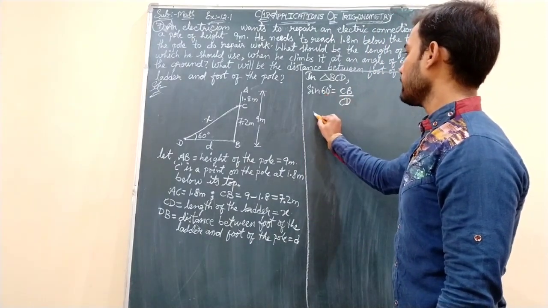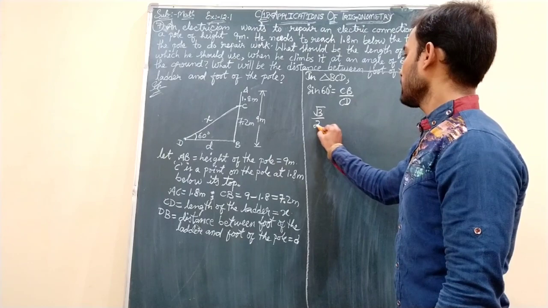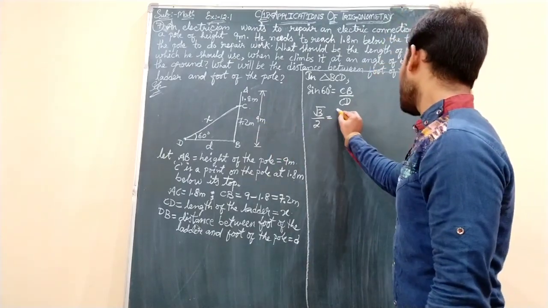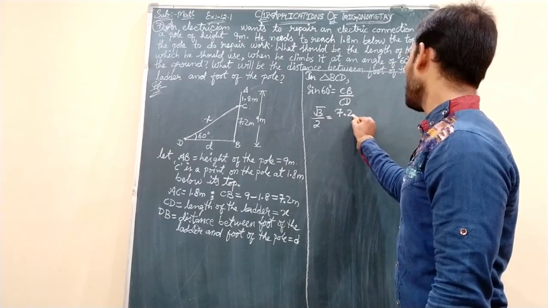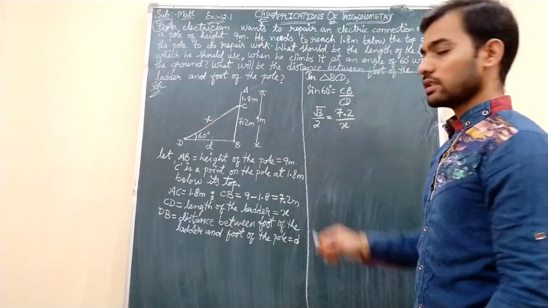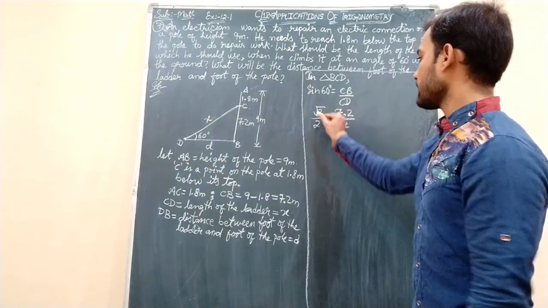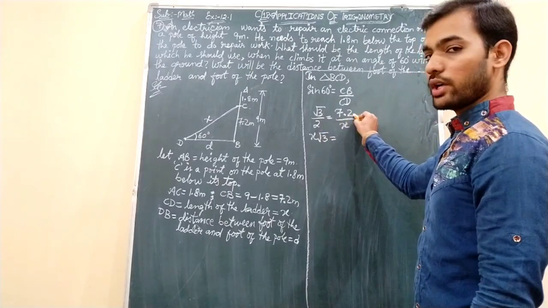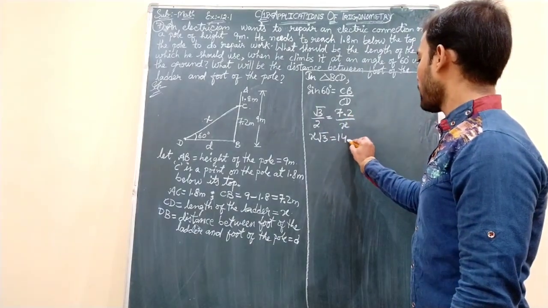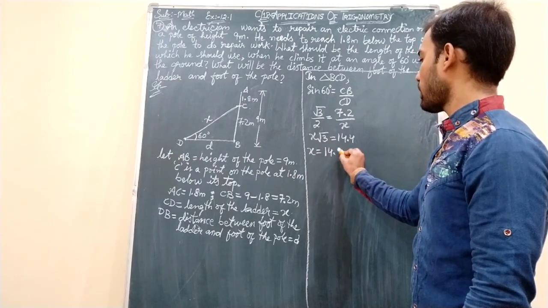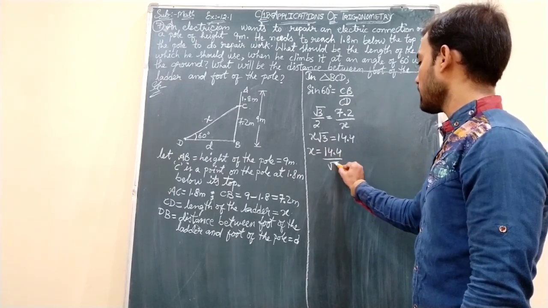So sine 60 value is root 3 by 2 equals CB is 7.2 divided by CD is x. Now cross multiplication, x into root 3 is x root 3 and 2 into 7.2 gives you 14.4. Okay students, now x is equal to 14.4 by root 3.